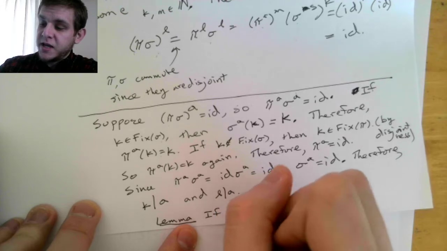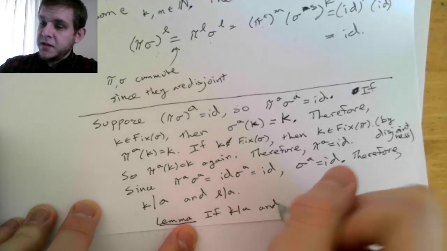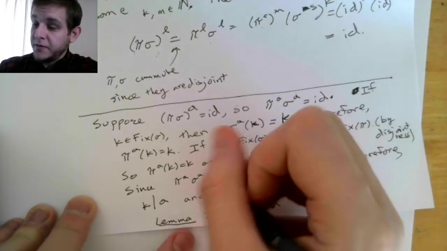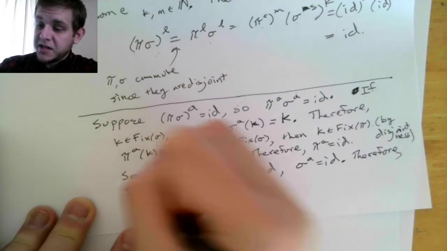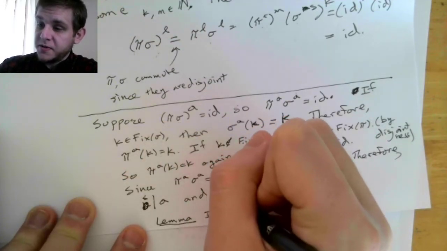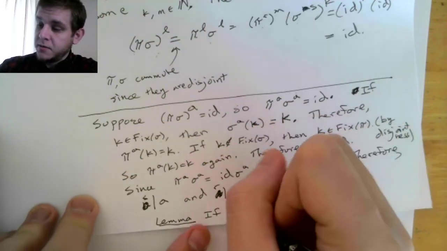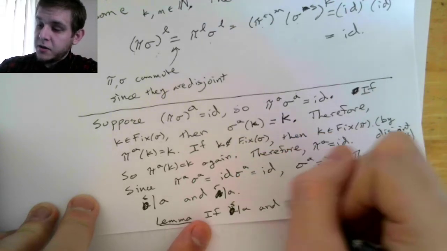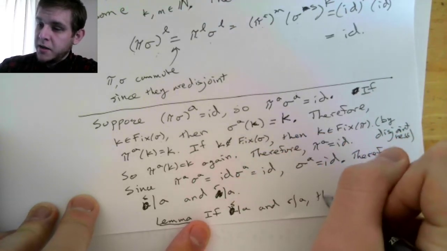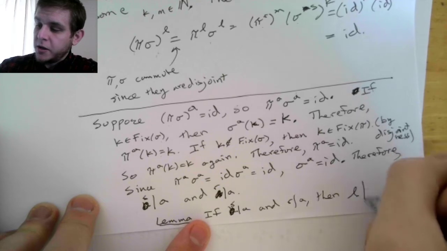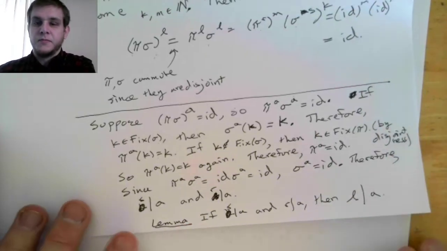If S and R, the orders of pi and sigma, divide A, then the least common multiple, L, also divides A.